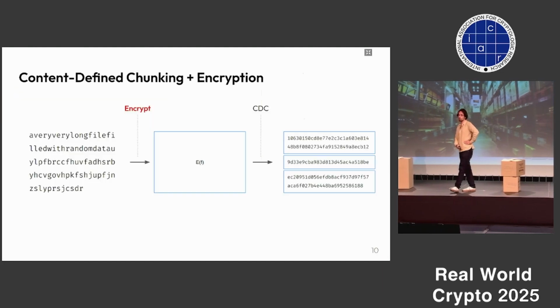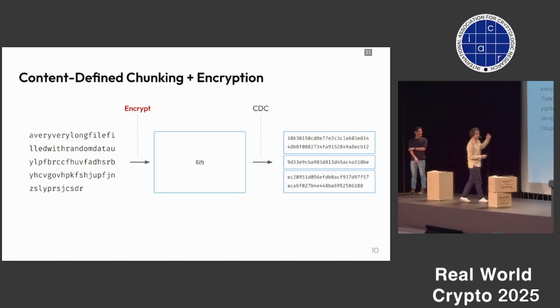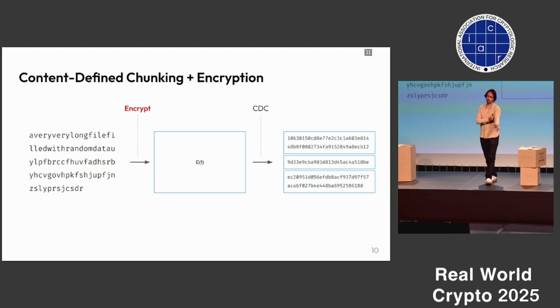And this is problematic, to say the least, when we combine content-defined chunking with encryption. There are only two possible ways to do this. One is we first encrypt and then we chunk. Well, why is this a bad idea? Functionally, that doesn't really hit our requirements. If your encryption algorithm is any good, changing the plain text will completely scramble the ciphertext.